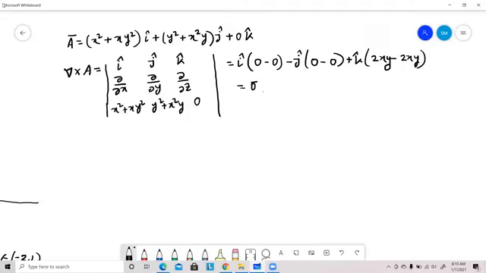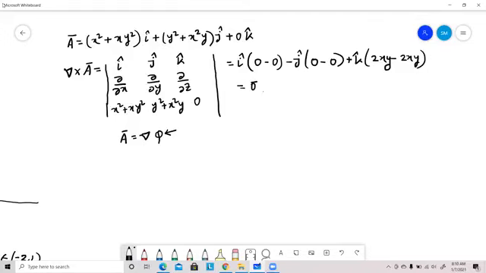So since the curl of A is 0, we can write A equal to grad phi, where phi is the scalar potential function. And our finding is we have to find the scalar potential function phi.